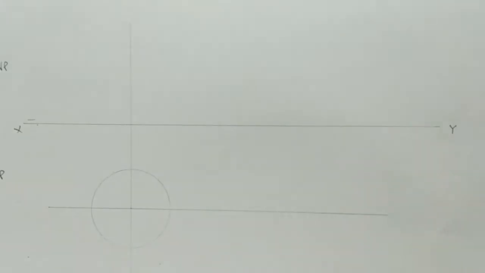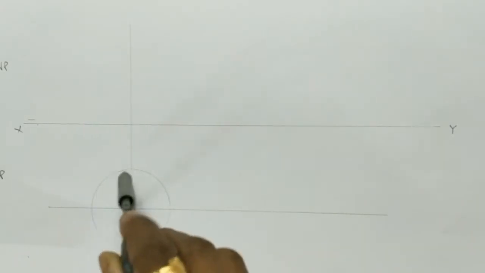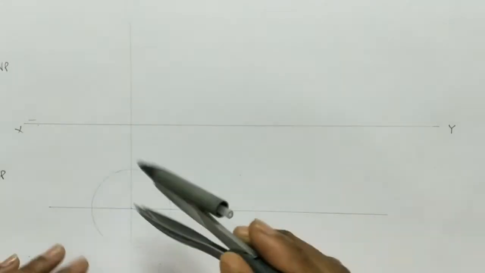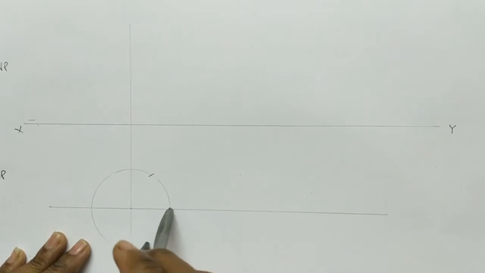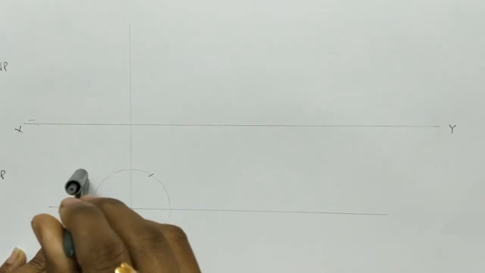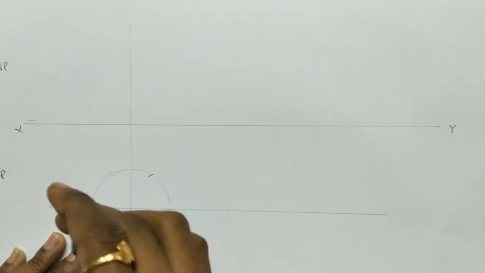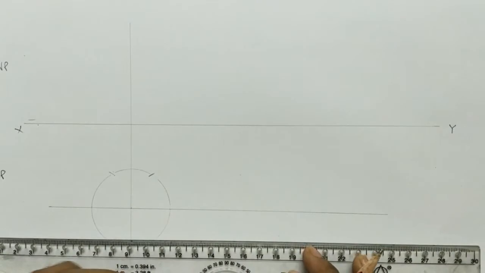Now we have to draw horizontal points. So for this I will take these 2 points and draw arc. And now I have got all the points.